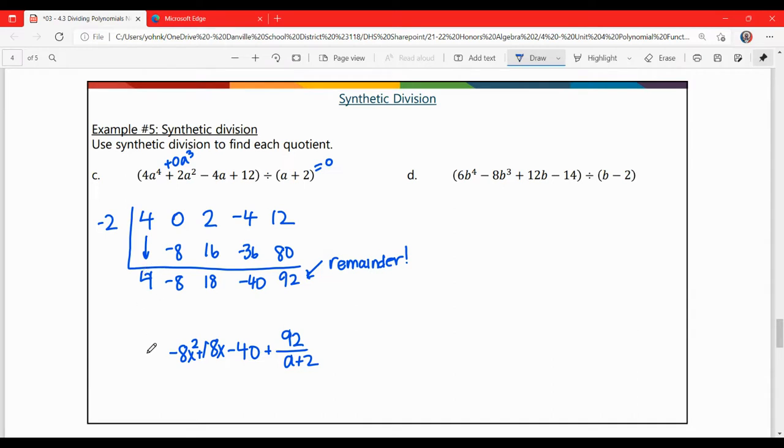And my 4 is my cubic term. So 4x cubed minus 8x squared plus 18x minus 40. And you know what I just noticed? These are supposed to be a's. So 4a cubed minus 8a squared plus 18a minus 40. There we go.